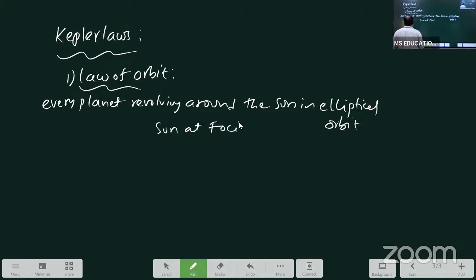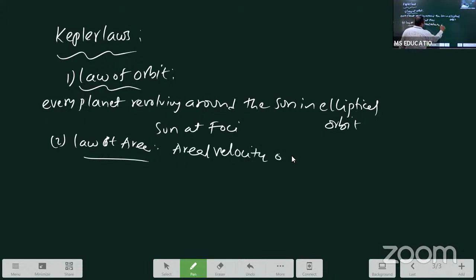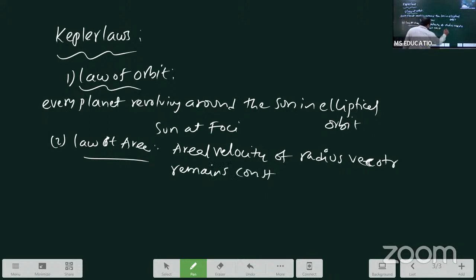That is the first law. Second one, law of area: areal velocity of the radius vector remains constant. If possible, write dA by dt is equal to constant. Otherwise, leave it.